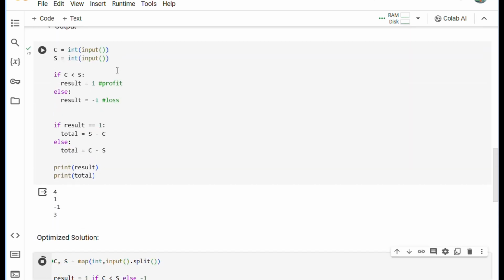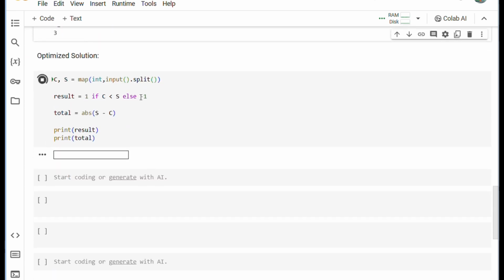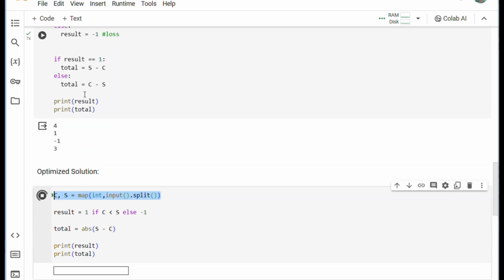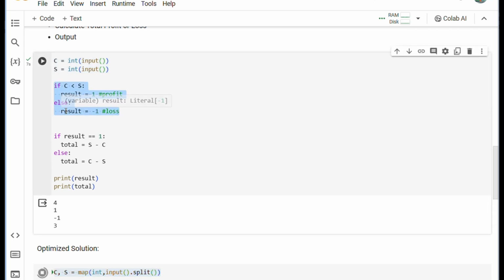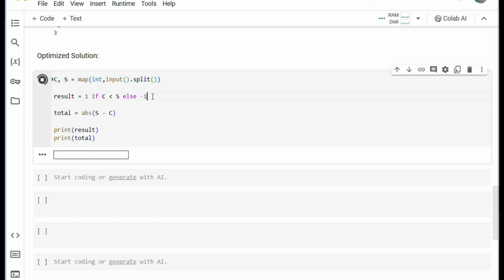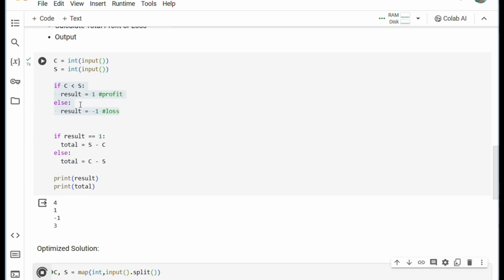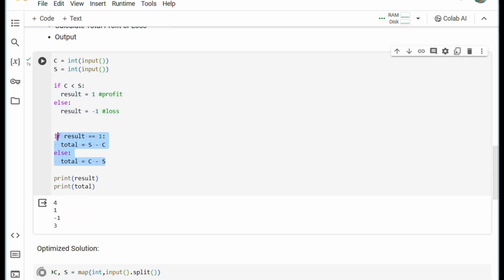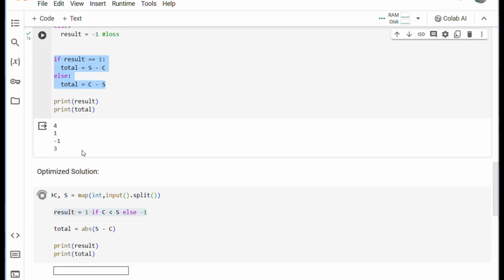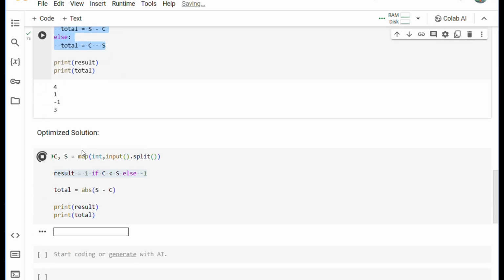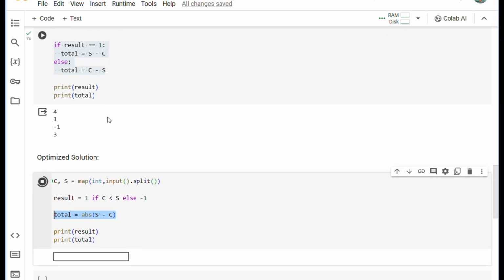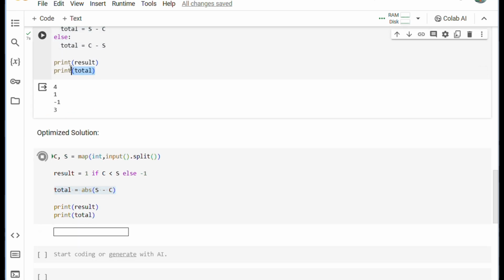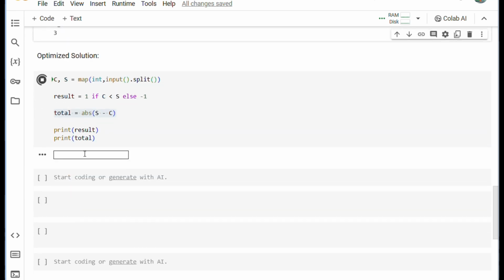Instead of 2 inputs here, we are taking inputs in a single line. Then instead of the if-else block, we are using the ternary operation. And then instead of the if-else block to get the positive result, we are using absolute to do the same thing. And finally we are doing the same, printing result and total.